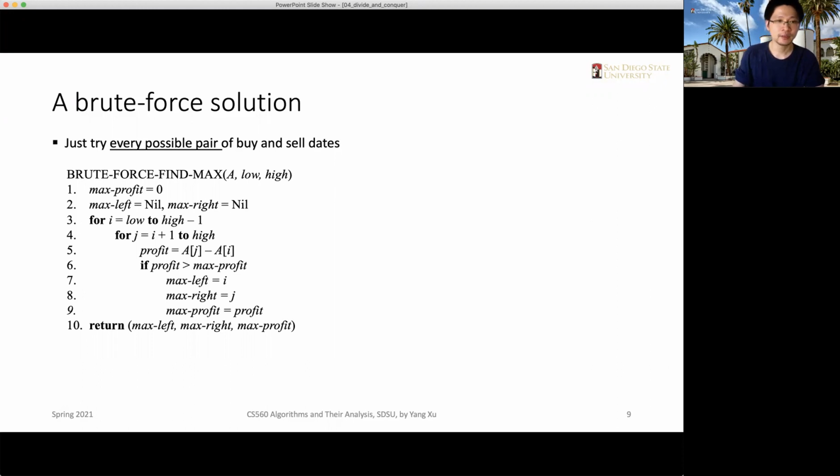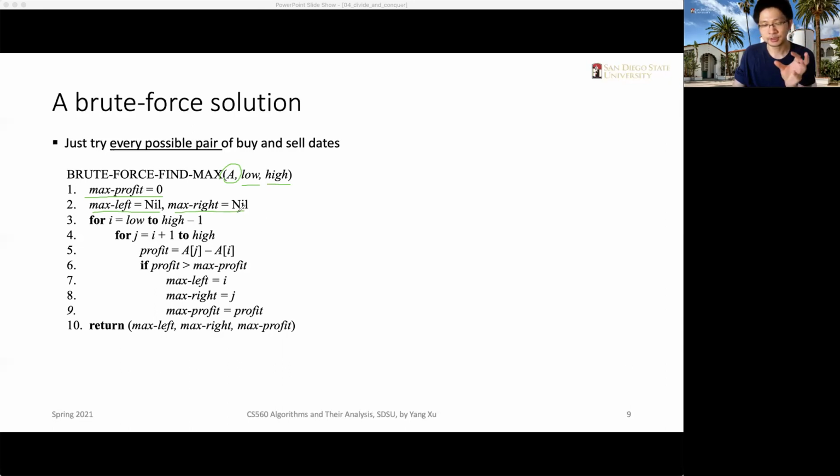For example, given the input array, we assume that all the prices are stored in the input array A, and the starting day and the ending day are indicated by the low and high indices. Okay, so we use max profit to store the profit, max left to store the left index that gives us the max profit, and max right to store the right index.